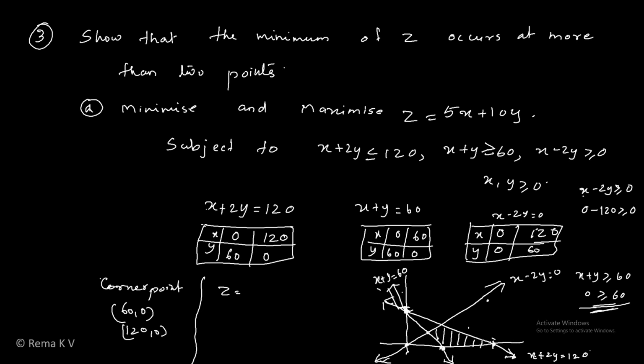Now you have to find out these 2 points. x plus 2y equal to 120 and x minus 2y equal to 0.